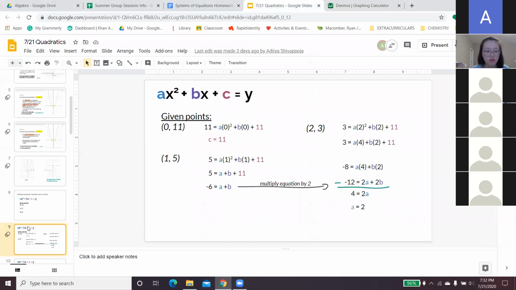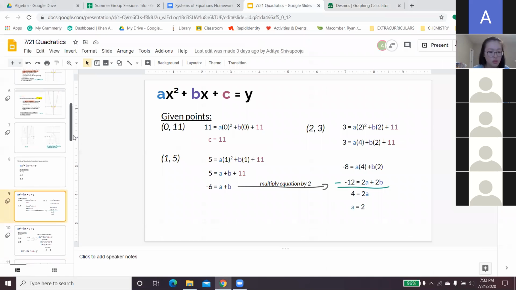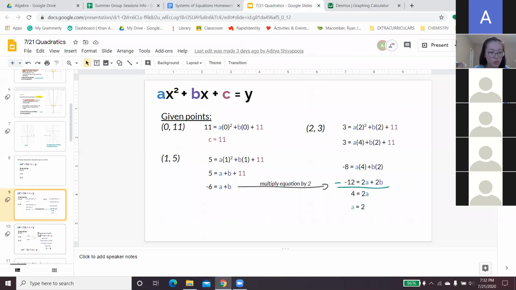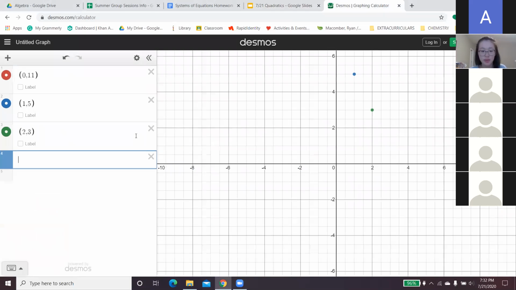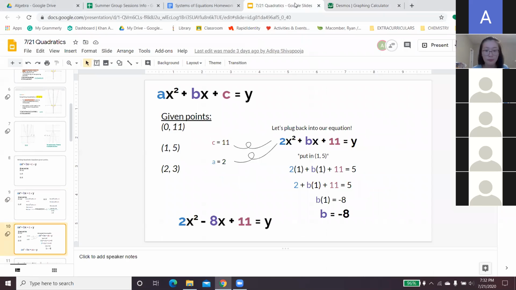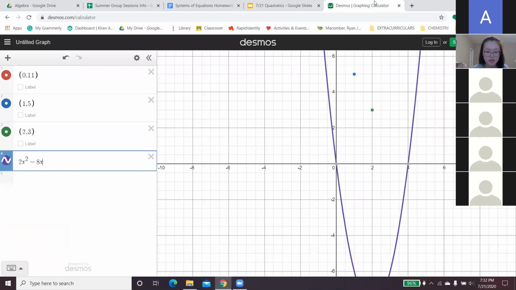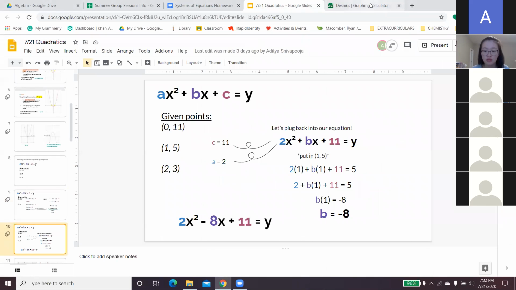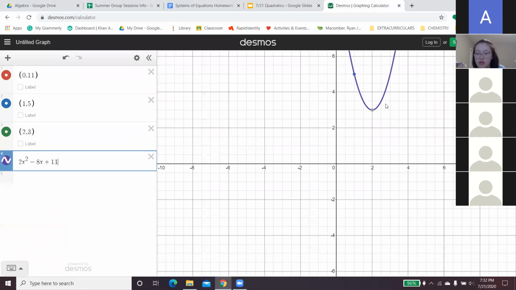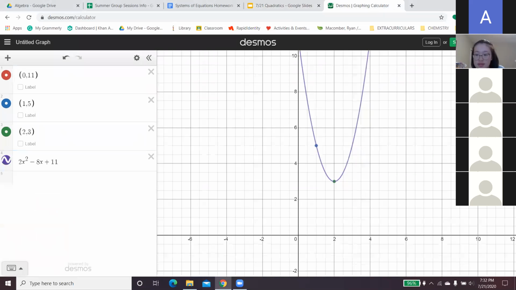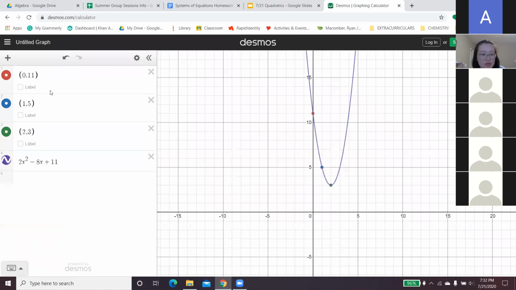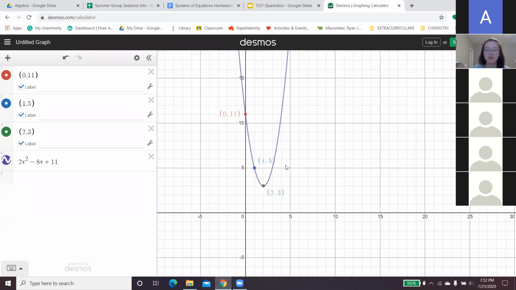And then our final answer was 2x squared minus 8x plus 11. I hope you guys can see all 3 points. Here, I'll just label them. So obviously you can see how the 3 points that we were given map perfectly onto the quadratic we wrote. So that's how you can double check your answer.